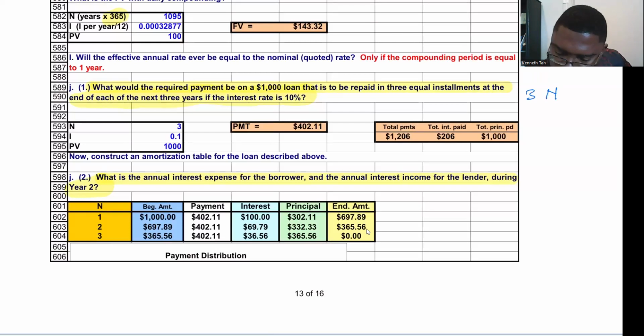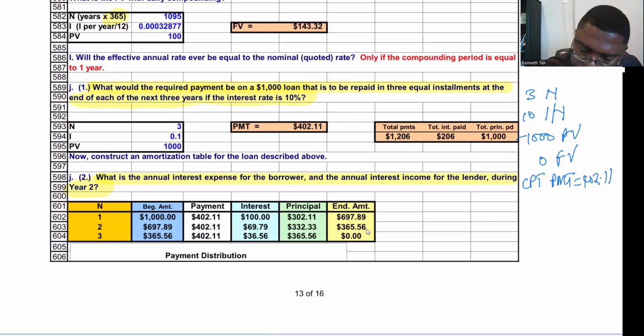So 3 as N, 10 as interest, which is I/Y, negative 1,000, the amount we borrow, as present value, 0 as future value. So we are interested in the payment. So compute payment. Once we do that, it will give us 402.11. Okay. So this is the amount that is needed to pay off the interest and principal of the loan.